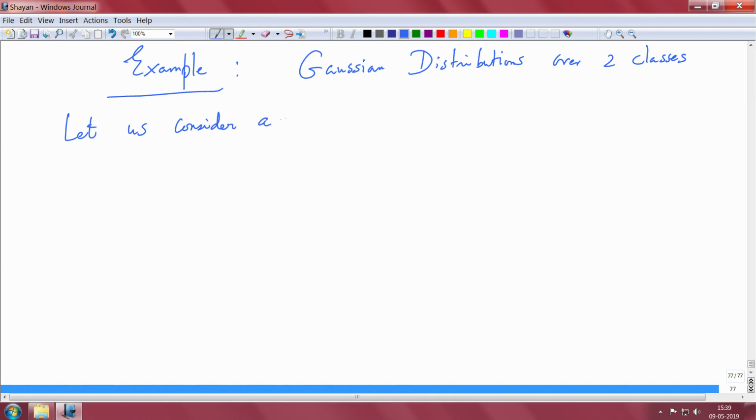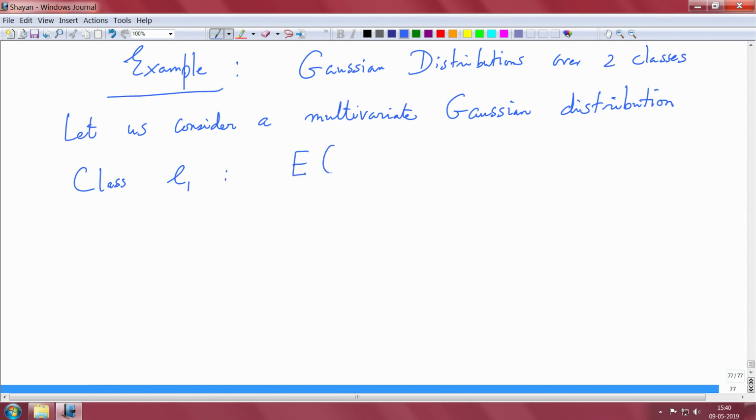Let us consider a multivariate Gaussian distribution. So, the class C1 has the following quantities for its mean and the covariance.